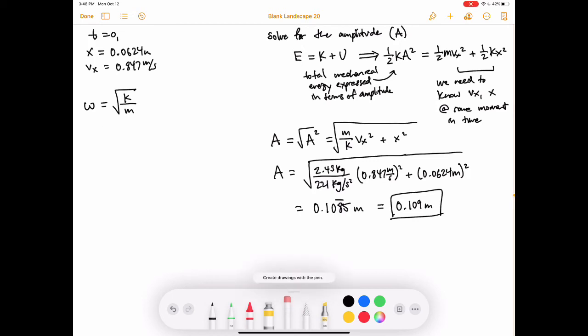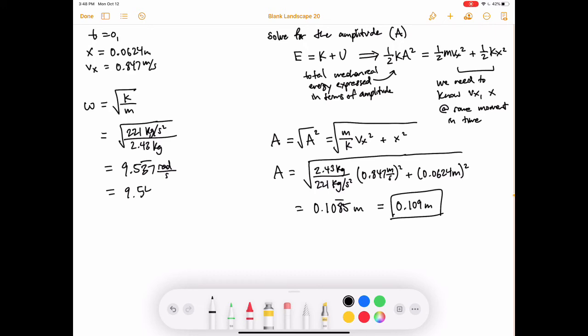So it's going to be the square root of 221 kilograms per second squared divided by 2.43 kilograms, which works out to 8.537 radians per second, or 8.54 radians per second when we round to 3 sig figs. Okay, so that's what we get when we solve for angular frequency, by the way.